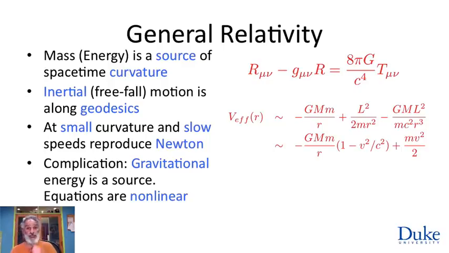In other words, since gravitational fields carry energy, gravitational fields gravitate, which is almost as if you had the photon, the particle that carries light, being a charged particle, so creating its own electric field. This would be like an electric field creating an electric field. This makes Einstein's equation, unlike Maxwell's equation, nonlinear.